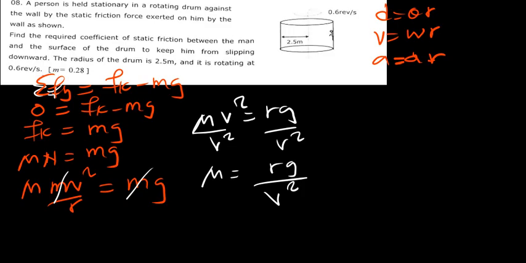The radius of the drum is 2.5 meters and it is rotating at 0.6 revolution per second. But I've not been given the v. How can I find the v from our concept there?